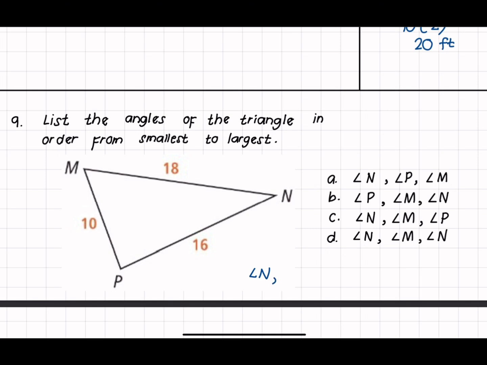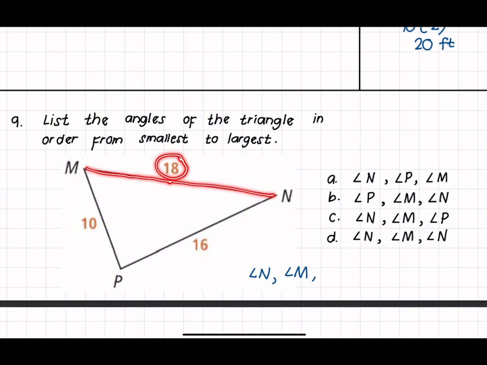Next, after 10, we have 16, which is side NP. Side NP's opposite angle is angle M. So after angle N, we have angle M. And lastly, the longest side is side MN, which measures 18.